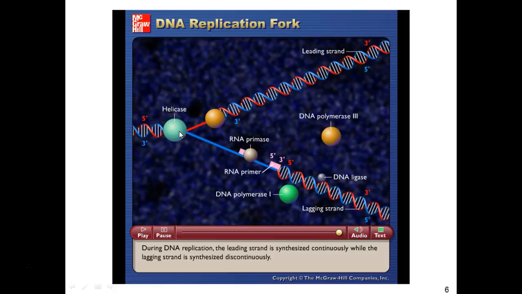Why is it that on the leading strand the polymerase can just start at the origin and follow the fork as it goes, as opposed to the lagging strand, which has to do these short segments? Right, 5' to 3'. Unfortunately, the enzymes can only go in that direction, 5' to 3'.